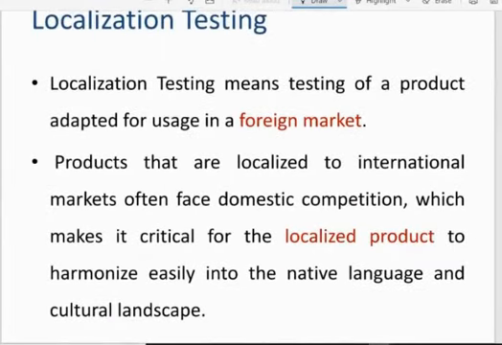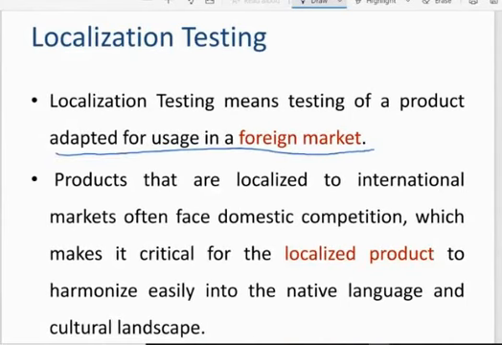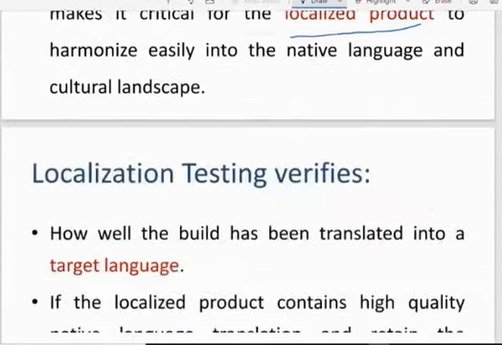When we talk about localization, this particular testing is done for a product which is adapted for usage in your foreign market. Products that are localized to international markets often face domestic competition, which makes it critical for the localized products to harmonize easily into the native language and the cultural landscape.